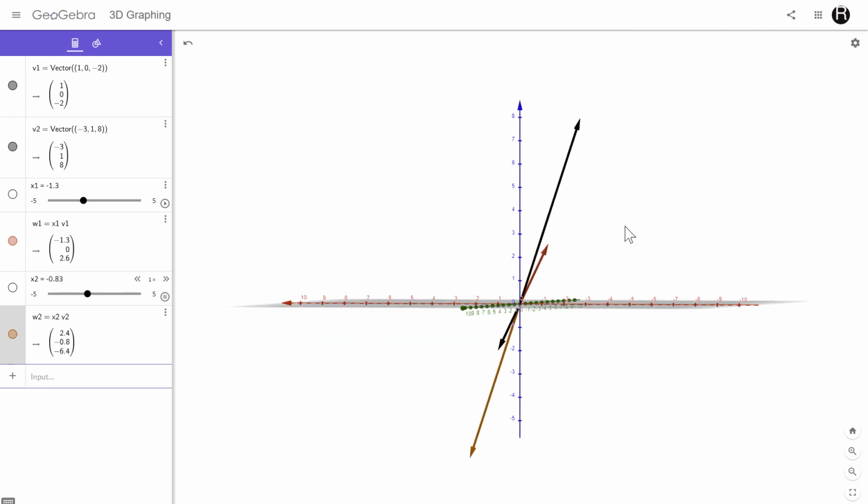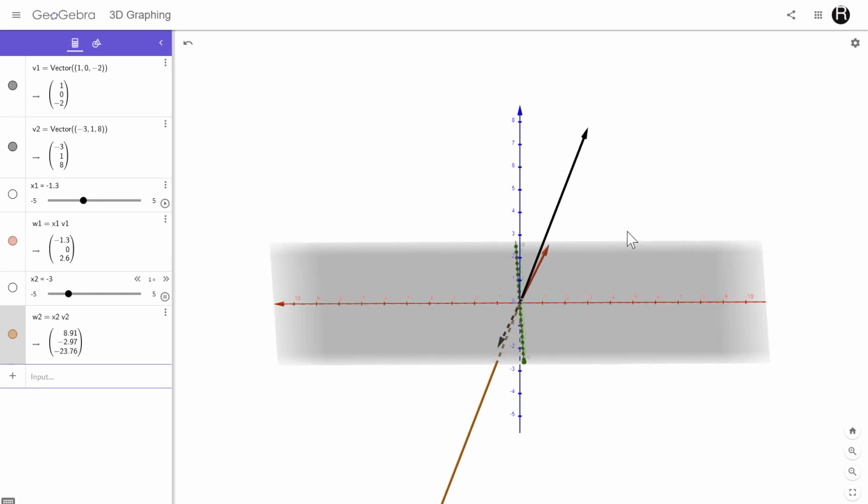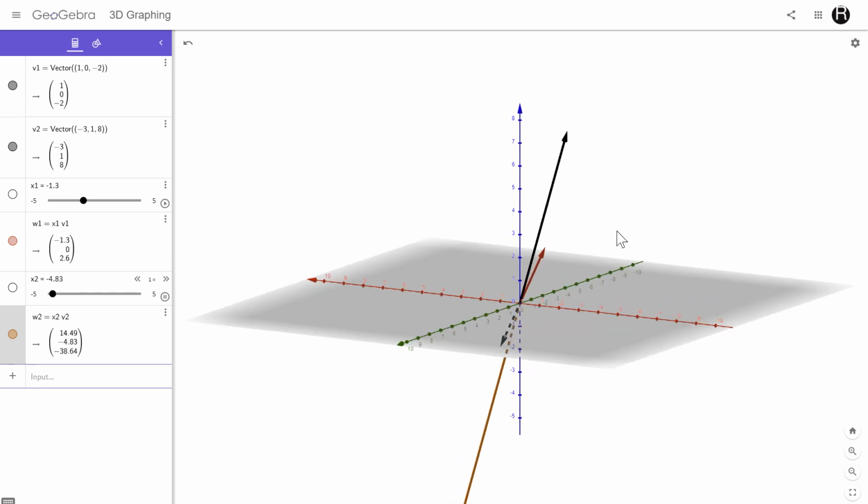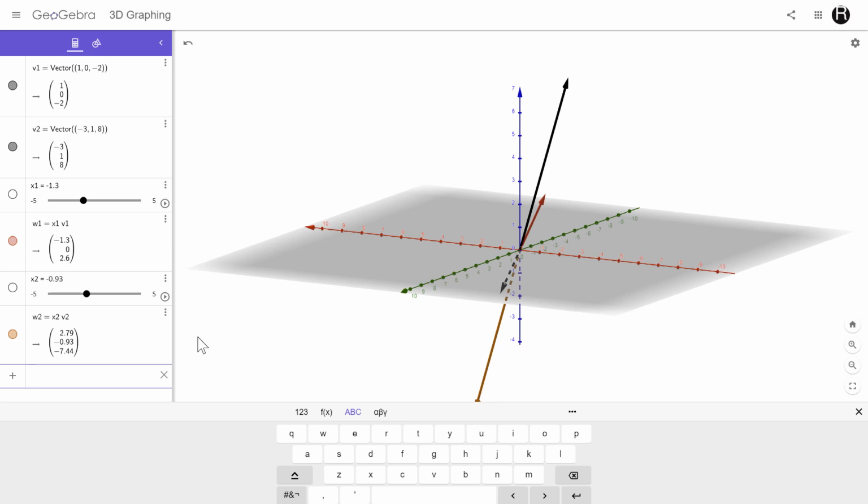Then the span of that is also going to be a line. All right. So the span of one vector is a line. That's basically it. Now what happens when we take the linear combination of these two things and take the span of 2 vectors?